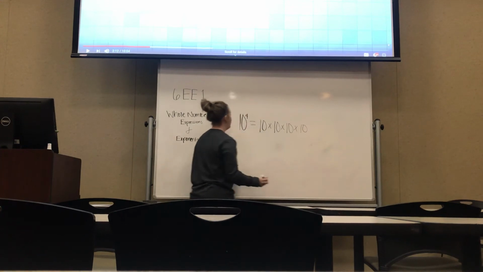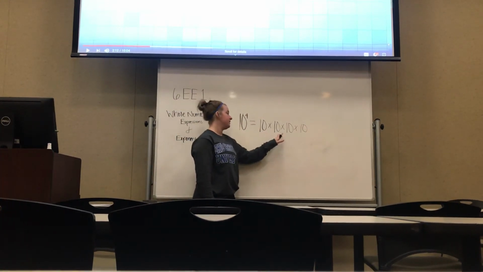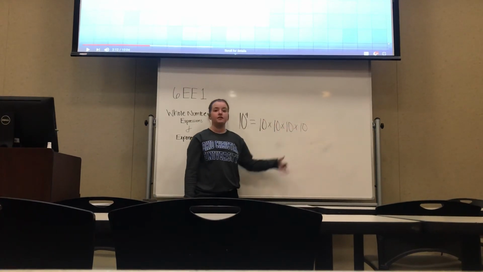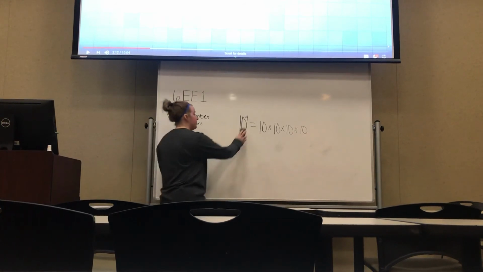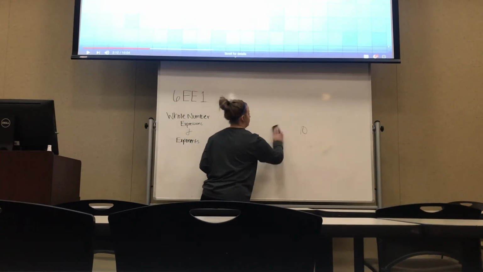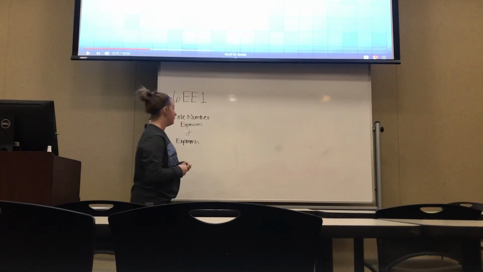Yep. So that means we would have our base of 10, and we would write it out 10 times 10 times 10 times 10, 10 4 times. So this lesson is not too difficult, but you just need to figure out how many times you need to expand those numbers.